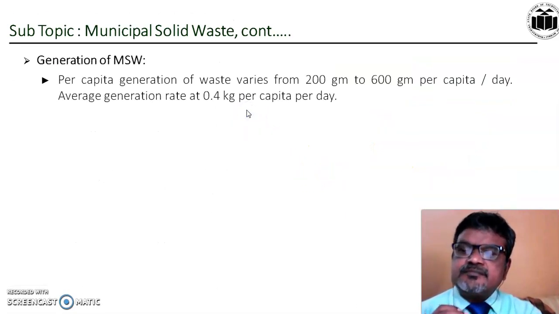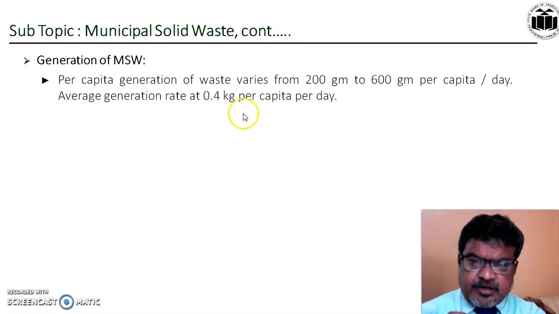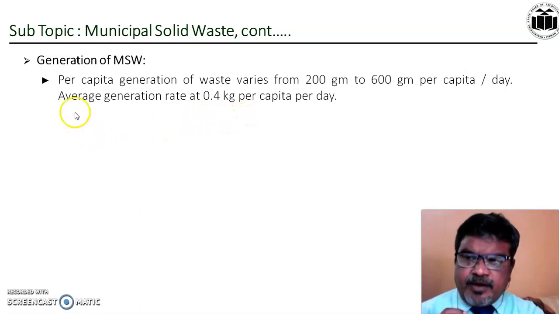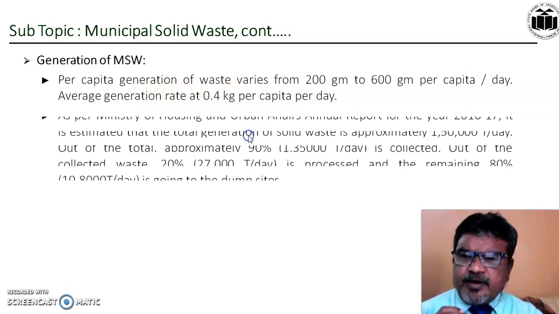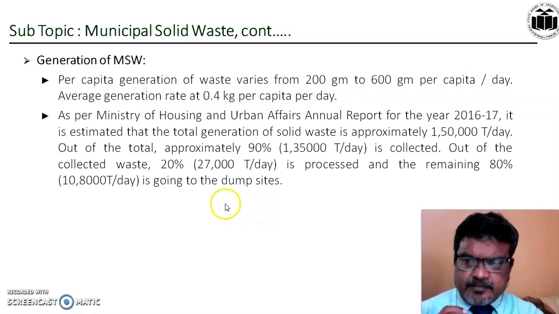Then, how the municipal solid waste is generated. The per capita generation of municipal solid waste varies from 0.2 kg to 0.6 kg per capita per day, but an average generation rate is taken as 0.4 kg per capita per day.